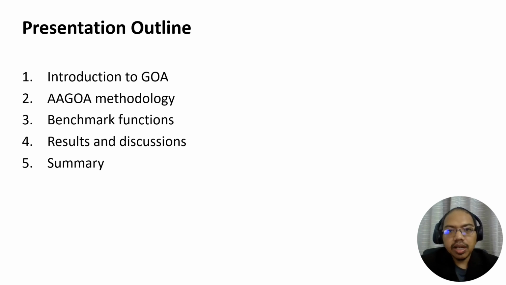And then we are going to look at some benchmark functions, where we use the benchmark functions to test the performance of the proposed algorithm. And the fourth one, we are going to look at the results and discussion. We are going to see how it compares with the original GOA. And the last one would be the summary. So I'm going to summarize the results that we have obtained using the benchmark functions.